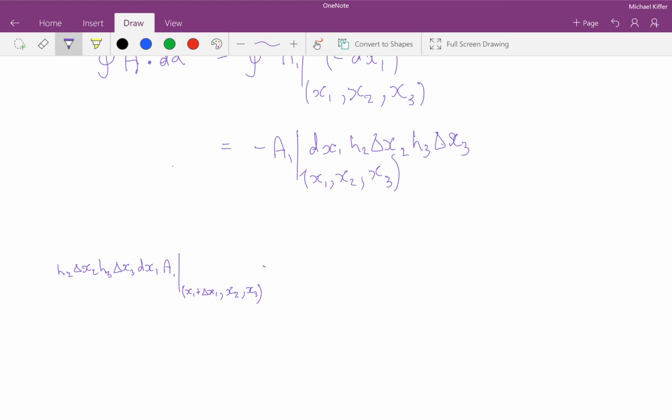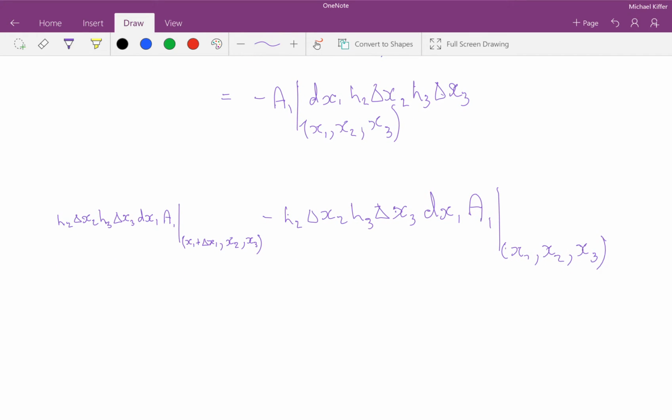And we're going to subtract from that h2 delta x2 h3 delta x3 dx1 a1 evaluated at x1 x2 x3.